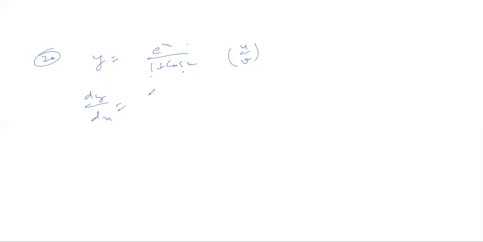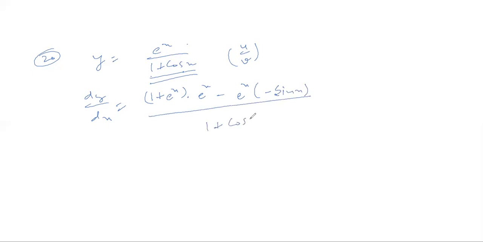So the denominator as it is, 1 plus cos x, and d by dx of the numerator, that will be e raised to power x, minus, this time numerator as it is, e raised to power x, and the derivative of the denominator, that will be minus sin x, and divided by 1 plus cos x whole square.